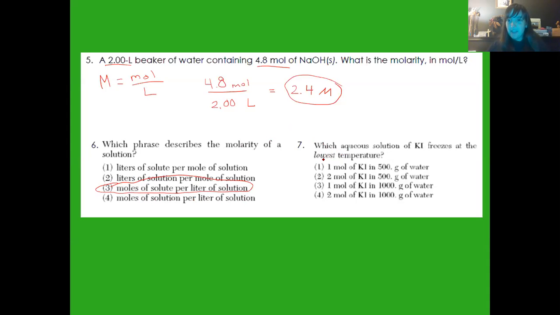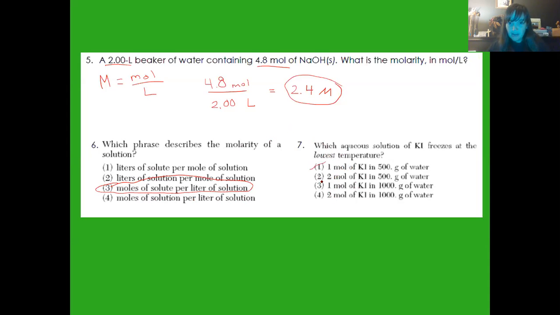Okay, 7. Which aqueous solution of potassium iodide freezes at the lowest temperature? For this one, I'm thinking about boiling point elevation and freezing point depression. The more solute added to a liquid, the lower its freezing point gets. So here I'm looking for the most concentrated solution. So here we have 1 mole, but here we have 2 moles. And we have 1 mole again, 2 moles. So it's got to be one of these ones.